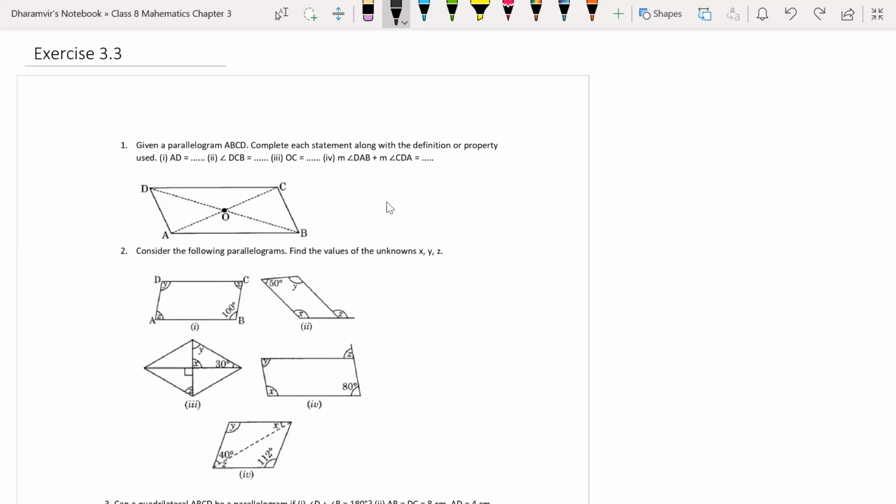Let's consider this is the parallelogram. On the rough side, let's draw a parallelogram.